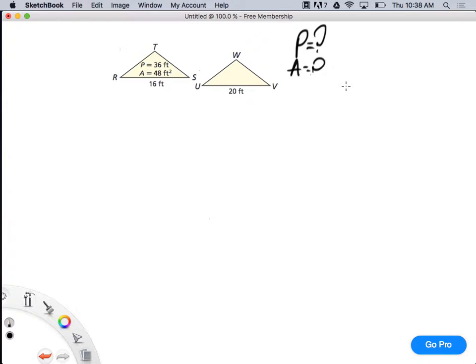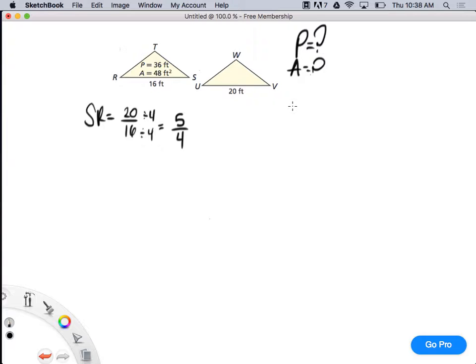The similarity ratio. So I start by doing the similarity ratio, and I get that it's 20 over 16. I'll simplify that. The simplifying factor here is 4, so that becomes 5 over 4. So the similarity ratio is 5 over 4.